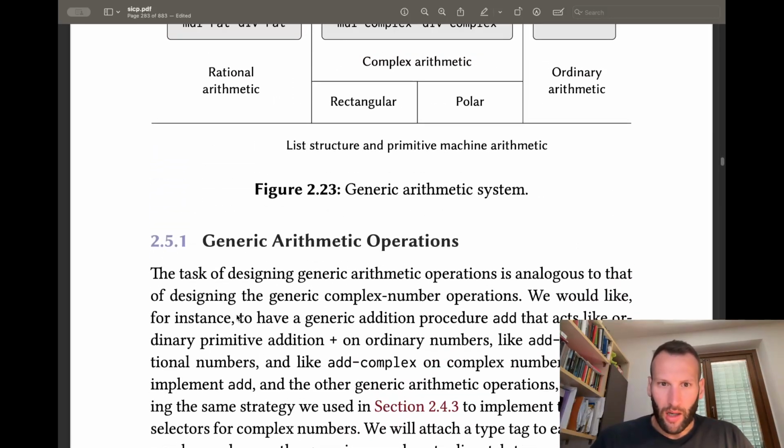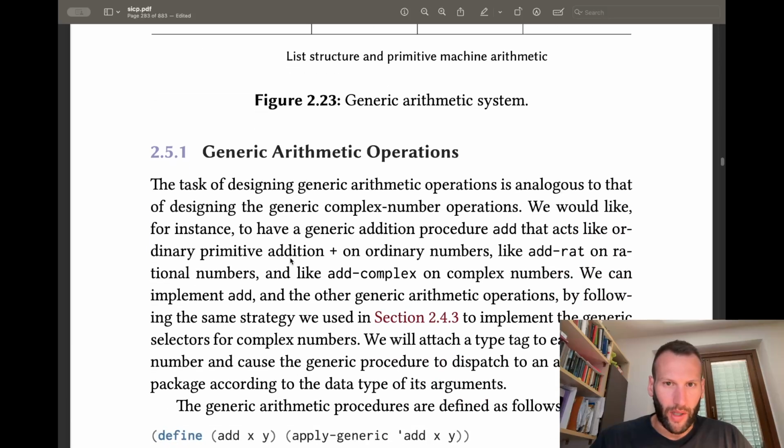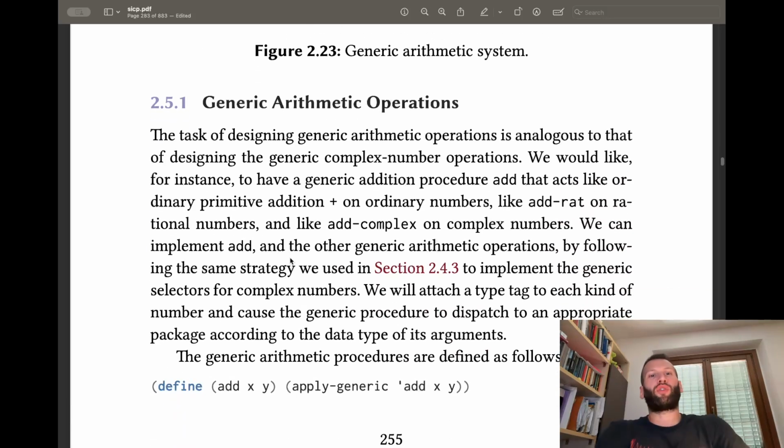So let's start with generic arithmetic operations. The task of designing generic arithmetic operations is analogous to that of designing the generic complex number operations. We would like, for instance, to have a generic addition procedure add that acts like ordinary primitive addition plus on ordinary numbers, like add-rat on rational numbers, and like add-complex on complex numbers.